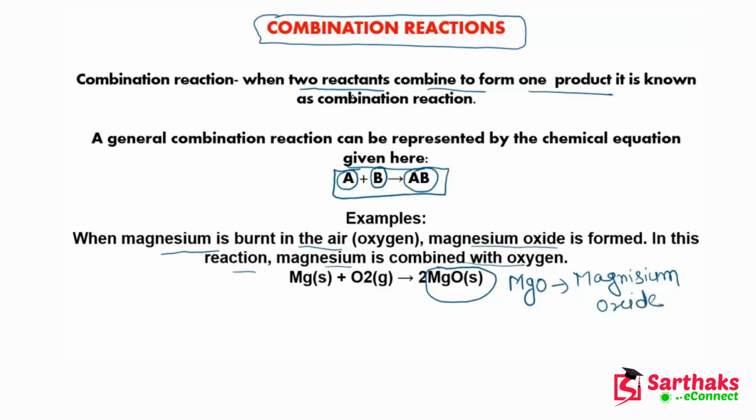And guys, you should know the chemical formula of the substances, because when the question comes, they will not give you the chemical formula, they will simply give you the name, and you have to have knowledge of the chemical formula of that substance, then only you will be able to do this question, otherwise you cannot do that.